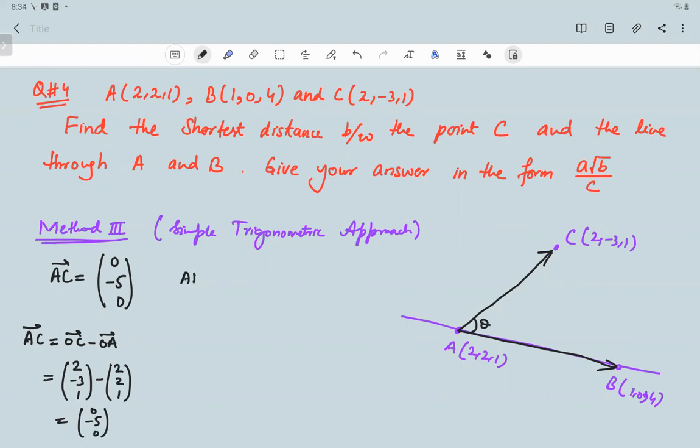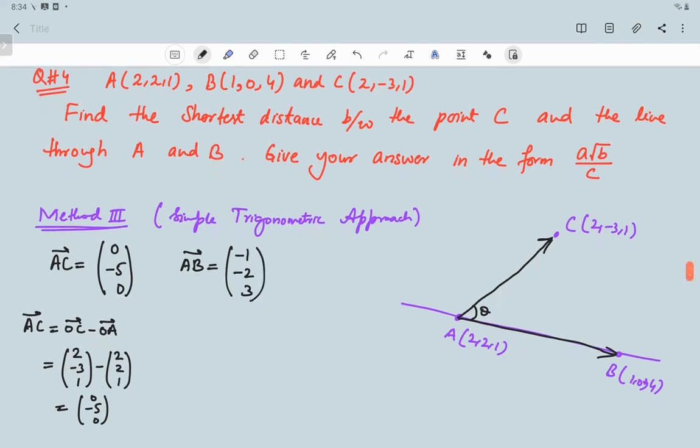Similarly, AB we have calculated earlier, and I will just write its result. This was AB. Now we know that cos theta is equal to AC dot AB divided by AC's magnitude and AB's magnitude. This is how we calculate dot product or scalar product.